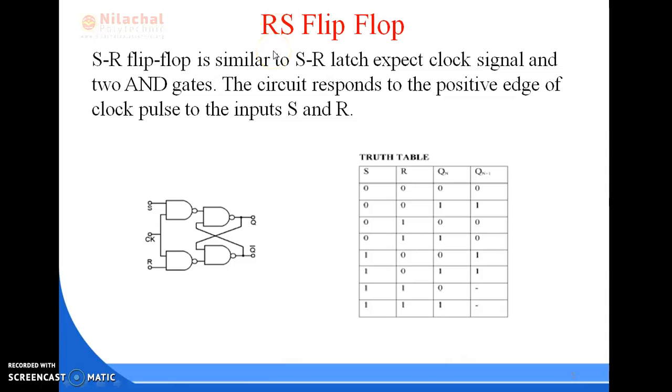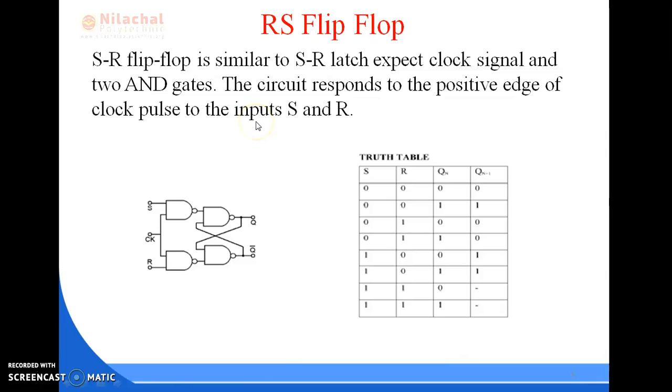The SR flip-flop is similar to the SR latch, except for the clock signal and two AND gates. The circuit responds to the positive edge of the clock pulse at the inputs S and R. It is the simplest type of flip-flop.